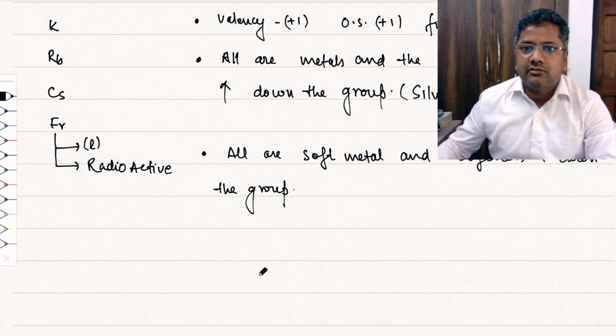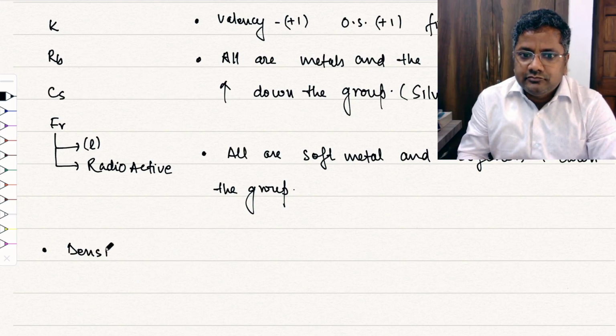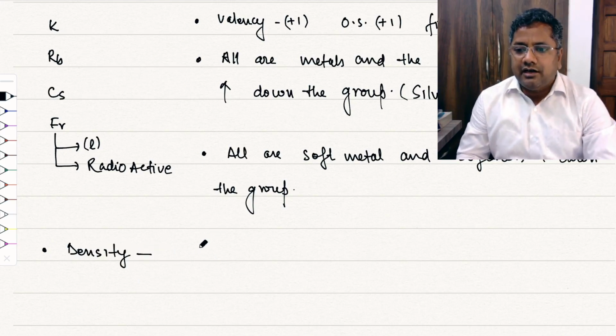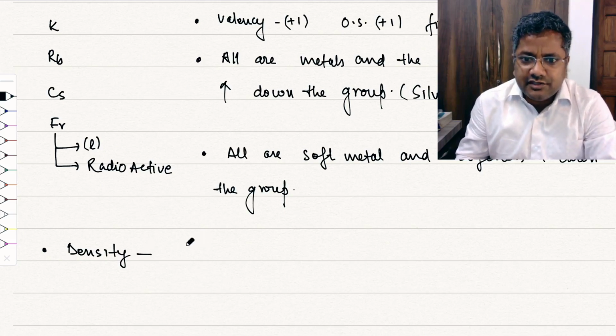Now let's talk about the density. So if you see the density, the general trend is the density of these elements increases down the group.